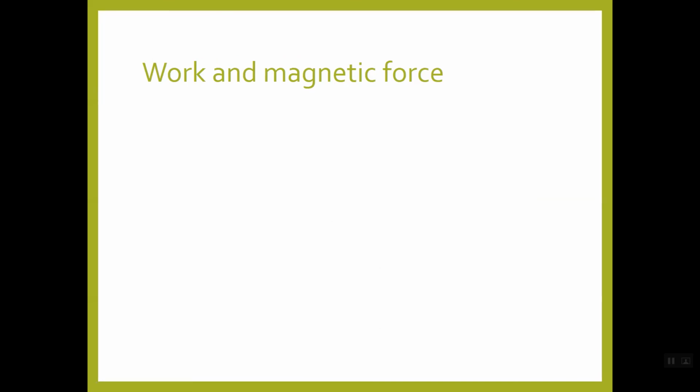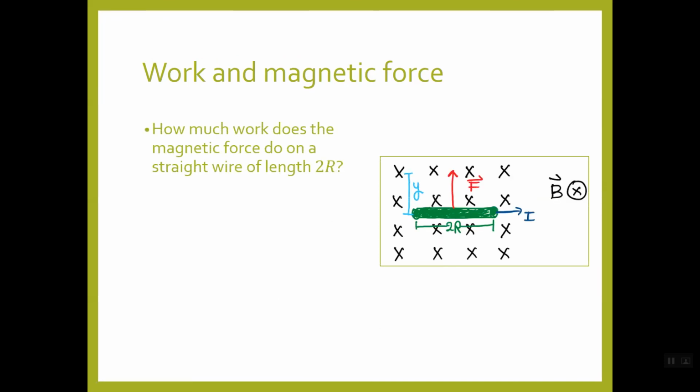Now we're going to look at work and magnetic force. So let's see how much work the magnetic force does on a straight wire of length 2r. It's in a magnetic field B. This wire has a length 2r and a current going in this direction here to the right.